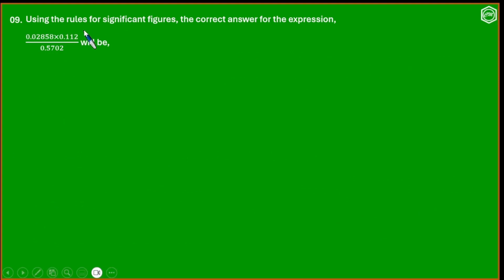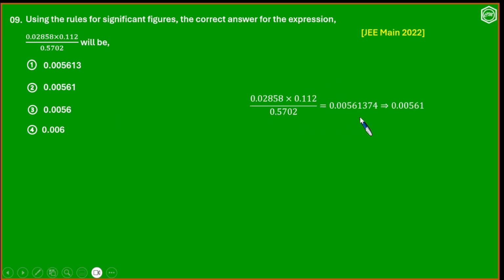Question 9. Using the rules for significant figures, the correct answer for the expression will be option 1, option 2, option 3, option 4. The answer is 0.00561374. And now this quantity has 4 significant figures.